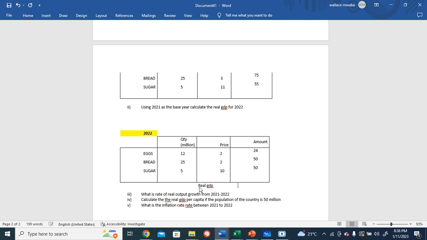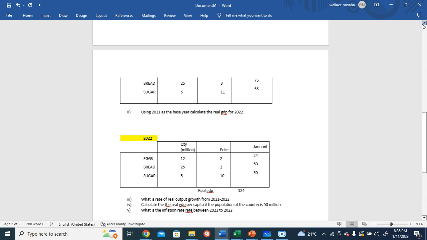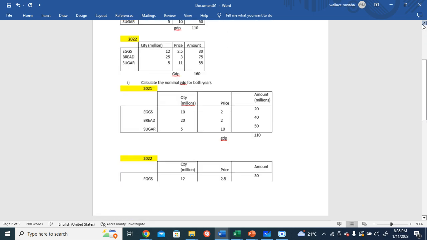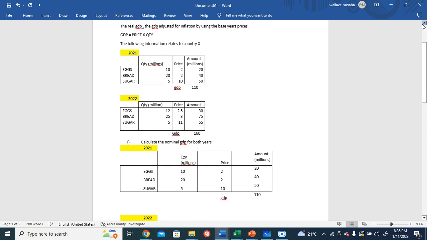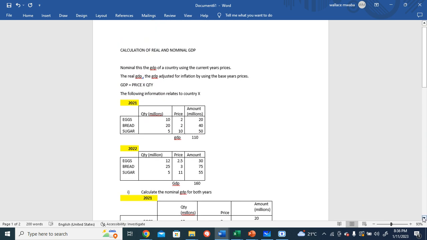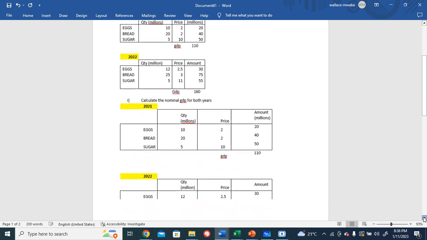So our real GDP for 2022, we're going to say 24 plus 50 plus 50. Okay, gives us 124 million.